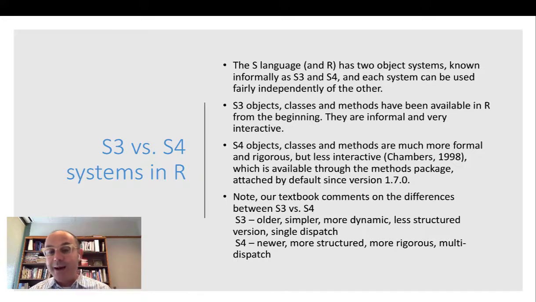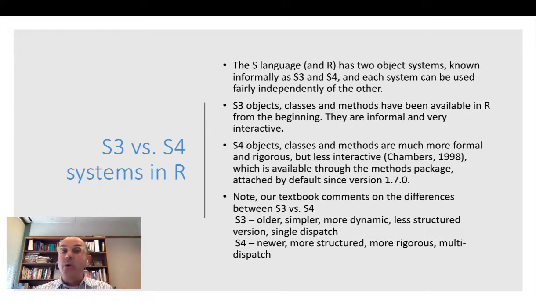So we talked about the S3 versus S4 system in R. Let's try to capture that and understand what it means. The S language and even R have two object systems, also known as S3 and S4. The S3 is considered to be the traditional one.